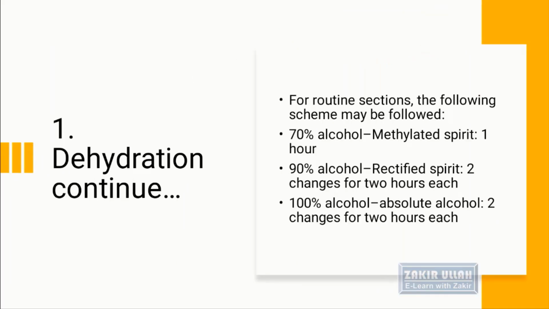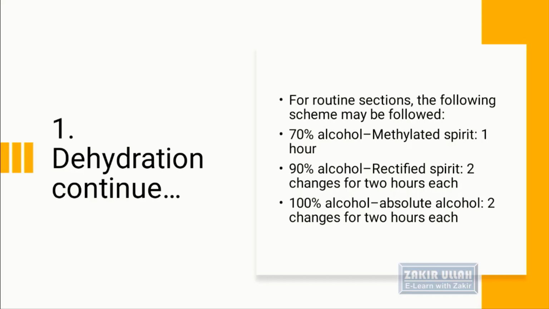For routine processing of the tissues, the following different concentrations are used for dehydration. The first step is 70% alcohol, that is methylated spirit, and usually it is done for 1 hour. Then 90% alcohol should have 2 changes of 2 hours each container.